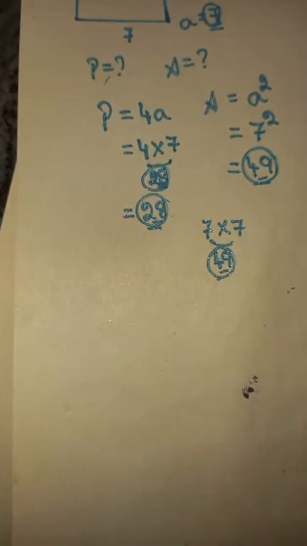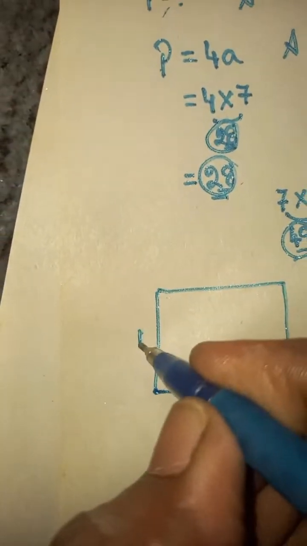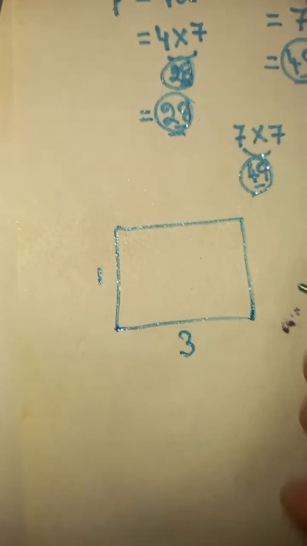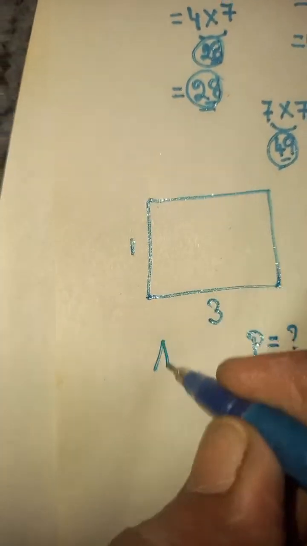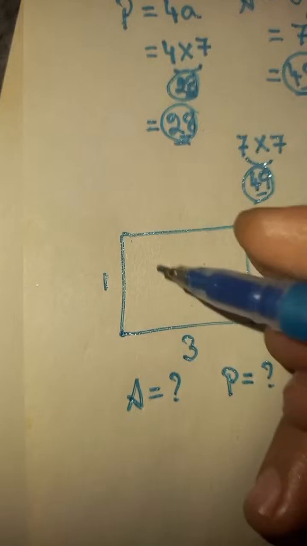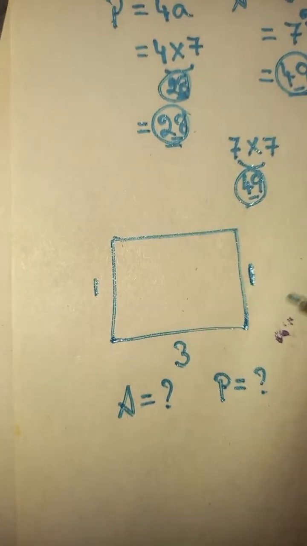Let's take one more rectangle. Here they are giving this side length as 1 unit and this side length as 3 units. Here also you need to find out the perimeter and the area. This side length is 1 unit, so the opposite is also 1 unit.